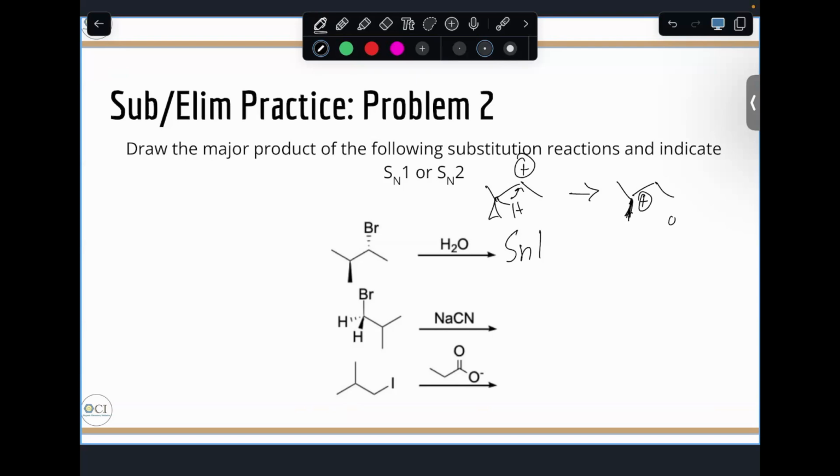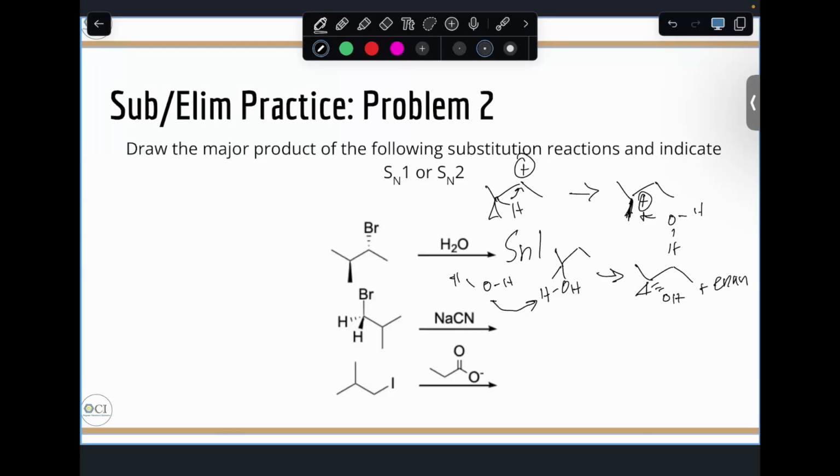And then the OH will attack that, forming this. And then it will deprotonate it and it will form that as our final product. And remember, it also has the enantiomer. It forms a 50-50 mixture. Does that make sense? We understand that one?